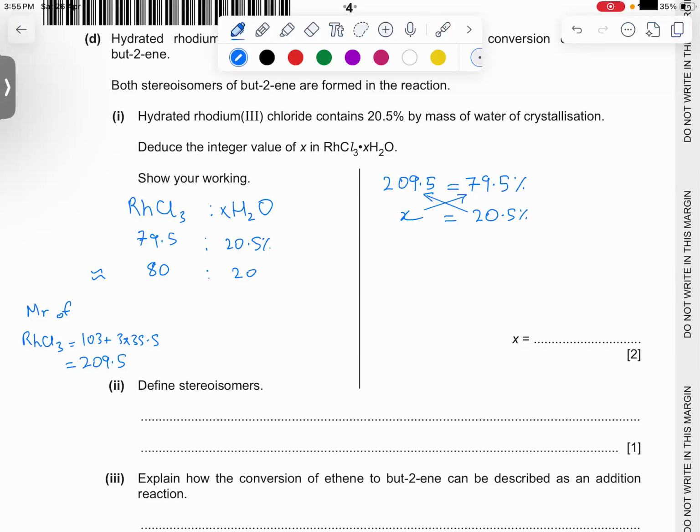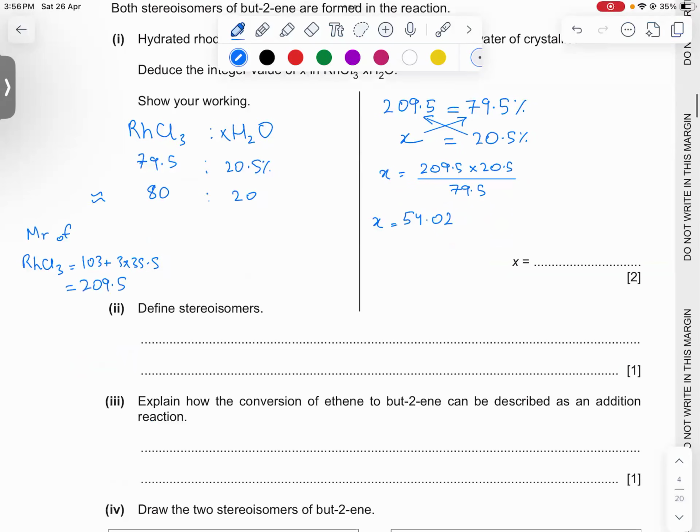So x is equal to 209.5 multiplied by 20.5 divided by 79.5. The answer we are getting is 54.02.